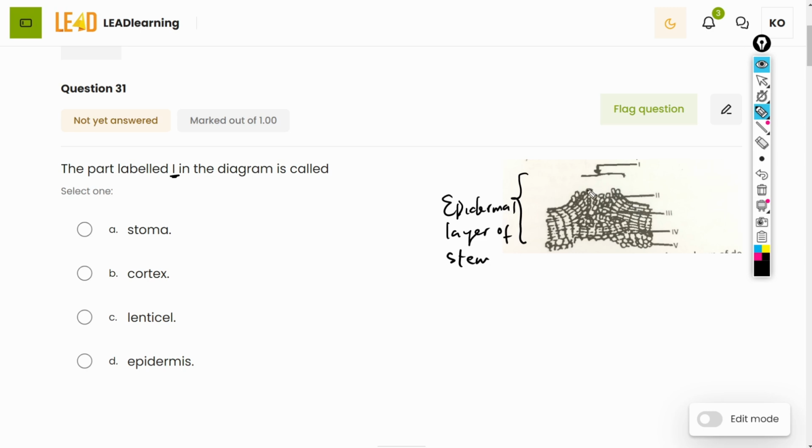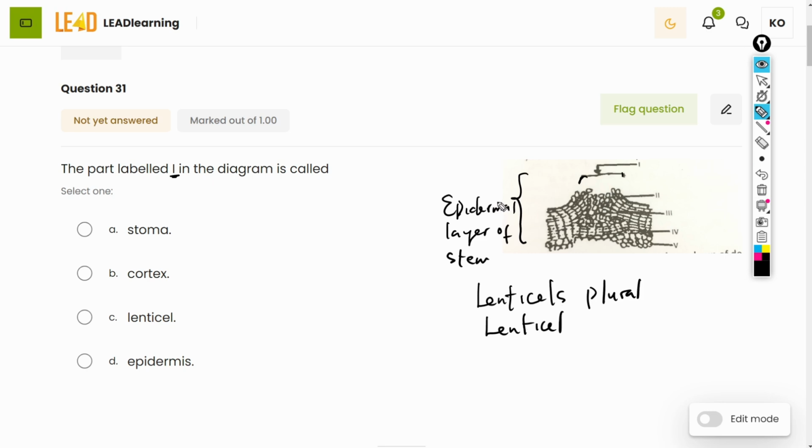So this shows us an opening, and the opening in the stems of plant is called a lenticel, or lenticels for plural. And this is just showing us an opening, so it's a lenticel.